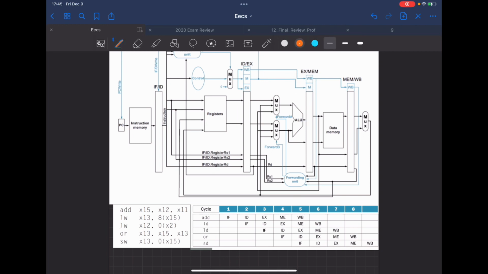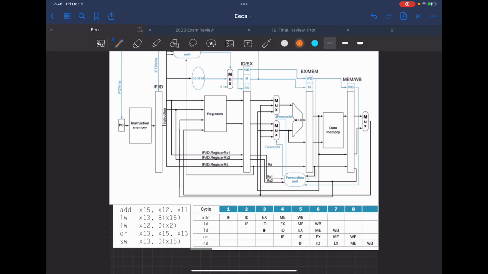Okay, so what is the question asking? The question is asking, if there is forwarding for the first 7 cycles during the execution of this code, specify which signals are asserted in each cycle by hazard detection and forwarding units. Great.